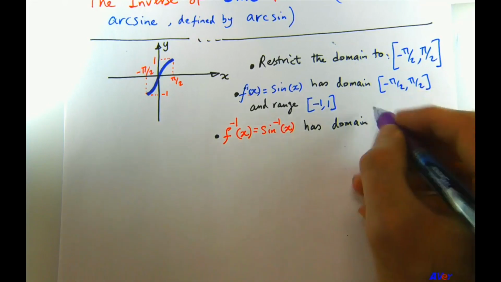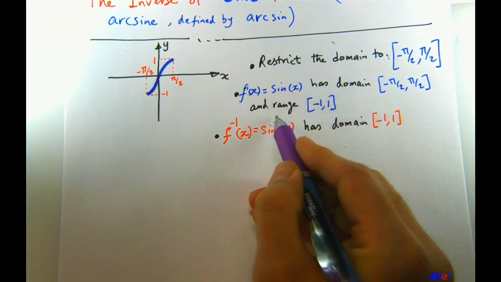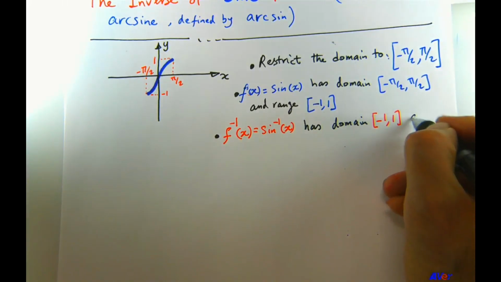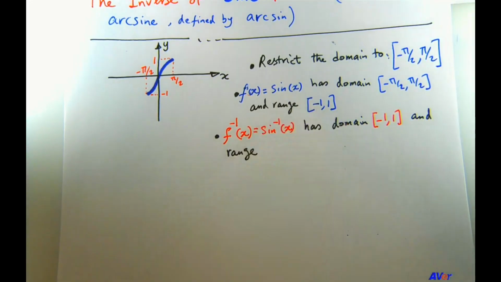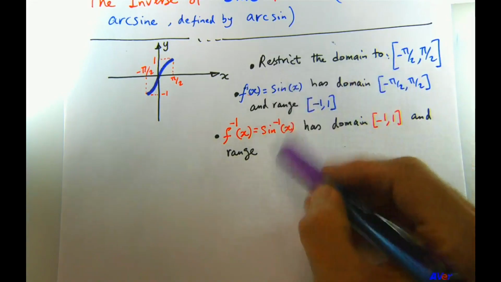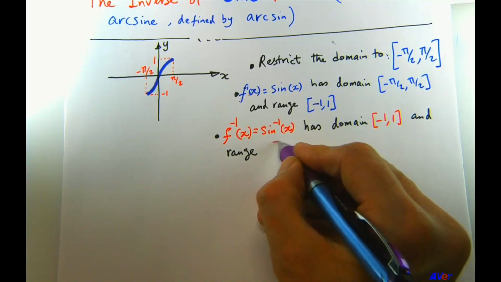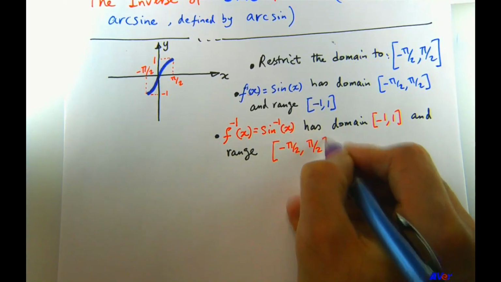So the domain should be -1, 1, right? And the range: the domain of the original function becomes the range of the inverse function. So it will be bracket -π/2, π/2.